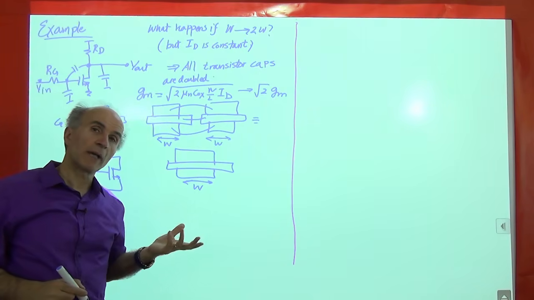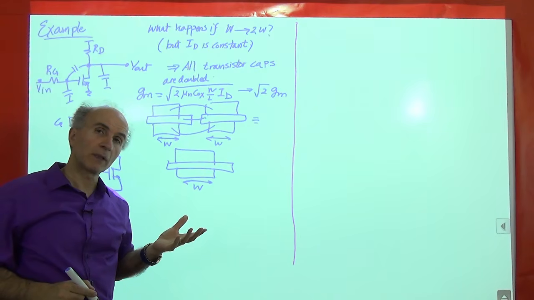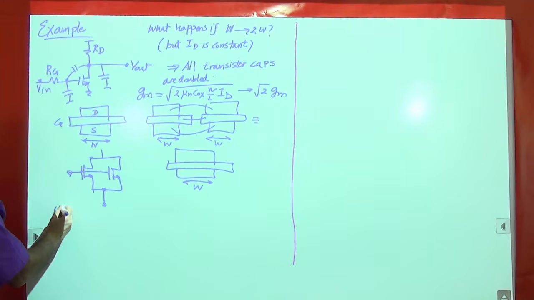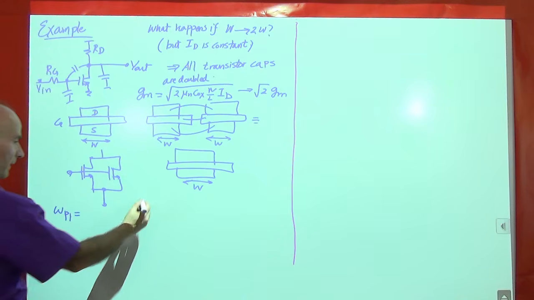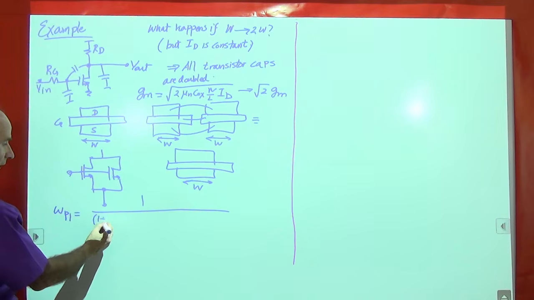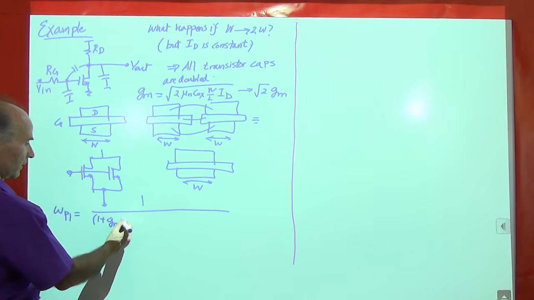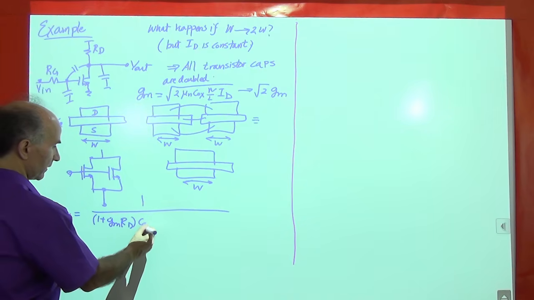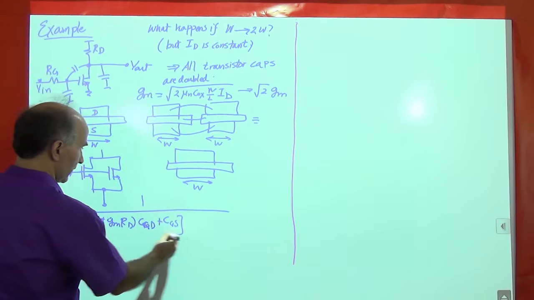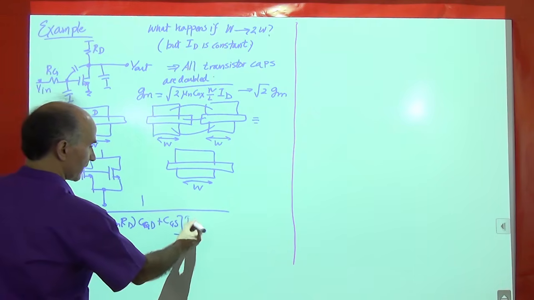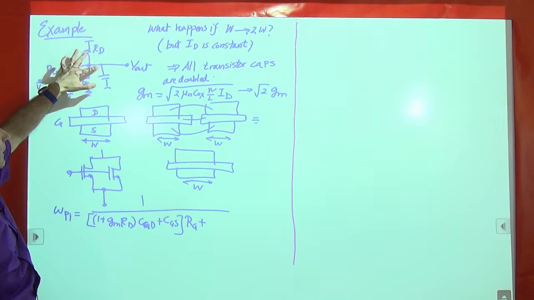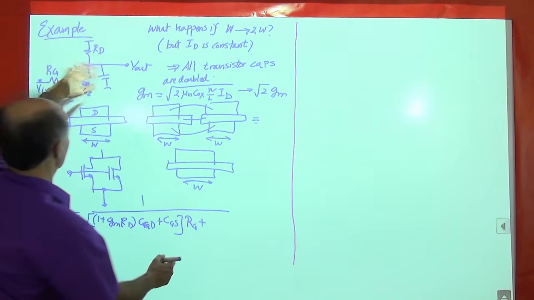Okay, let's go and look at the dominant pole equation that we had from the previous page. Right, so omega p1 was given by something like this. We had the Miller effect of CGD, we added to that CGS, we multiplied this by the source resistance RG, and then we add another time constant from this output node or output network.